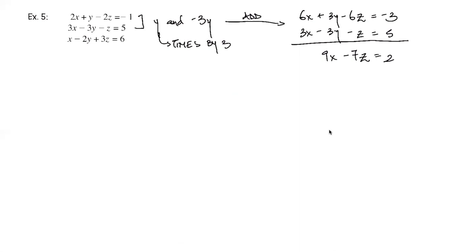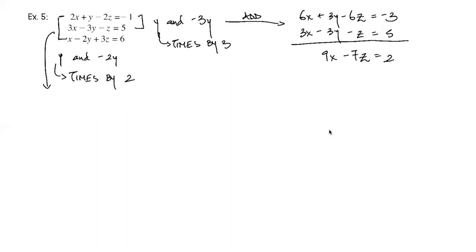Okay, so if I'm going to get rid of y in this equation, then what other pairs I pick should also get rid of y's. So I'm going to take the first equation and pair it with the last equation. And this has y and negative 2y. So I'm going to take the y equation and times by 2.